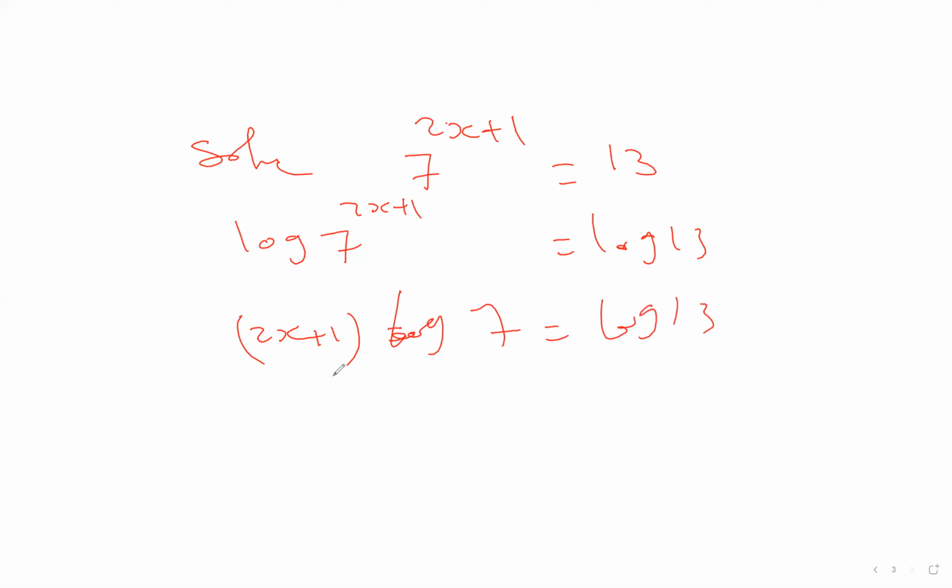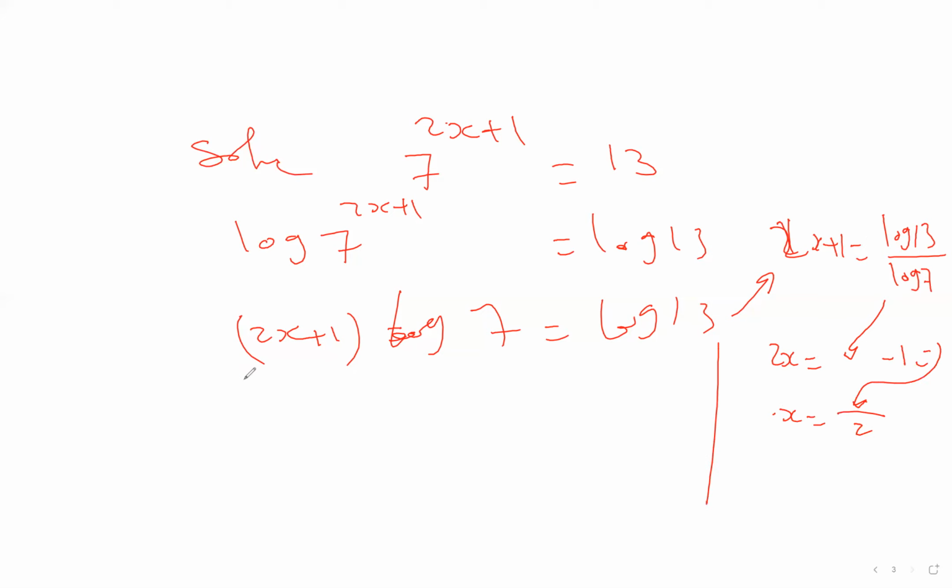Now you have two ways. You can multiply 2x times log 7 and 1 times log 7 and transfer to the opposite side by the opposite sign, or you can find 2x plus 1 equals log 13 over log 7 and find the value, and 2x will be this value minus 1, and x will be this value divided by 2.